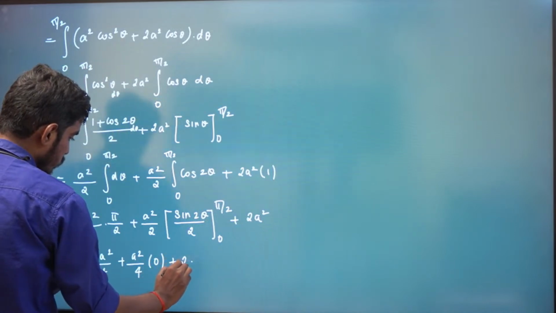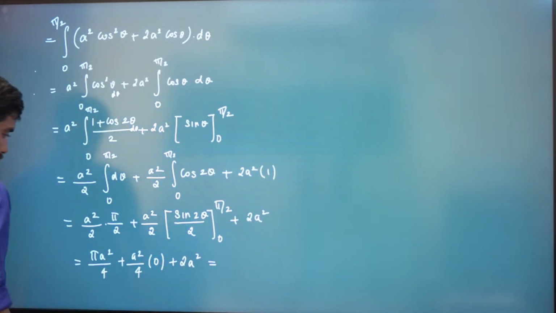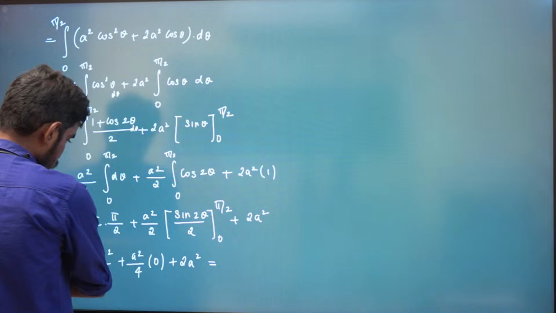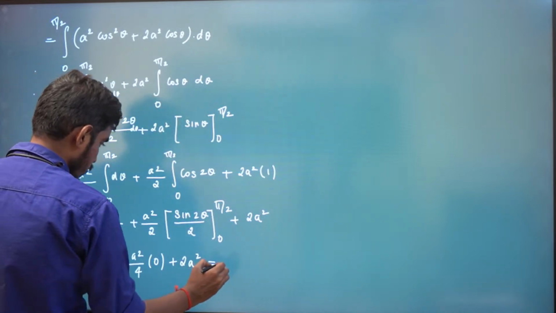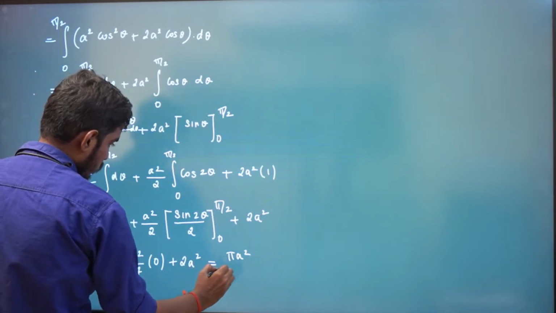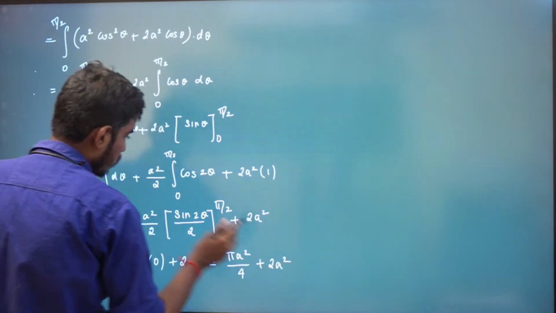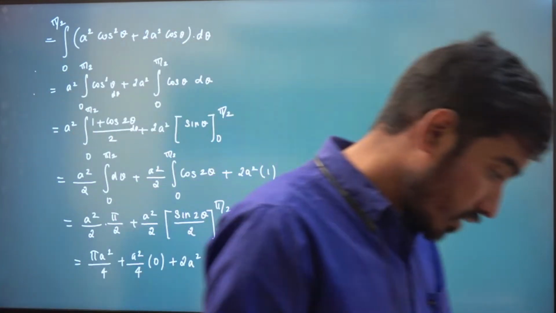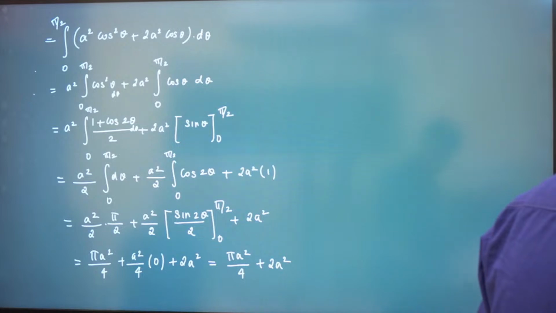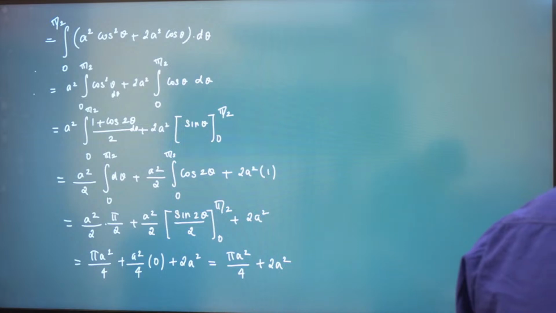And then we have 2a square. So pi a square by 4 plus 2a square will be your answer, right?